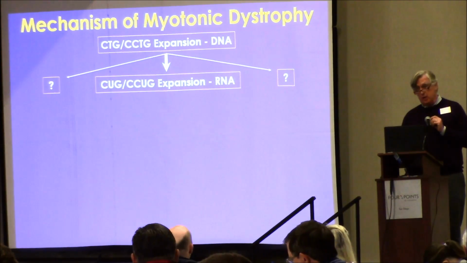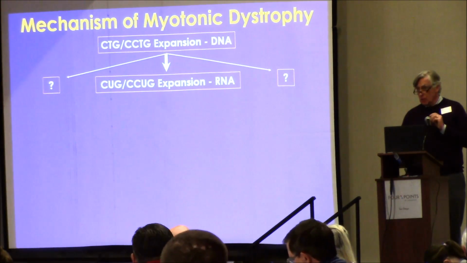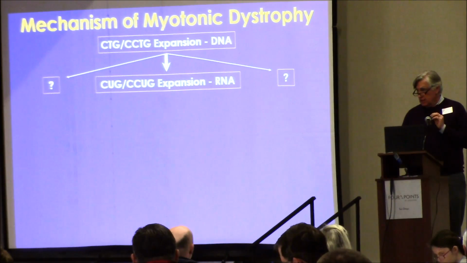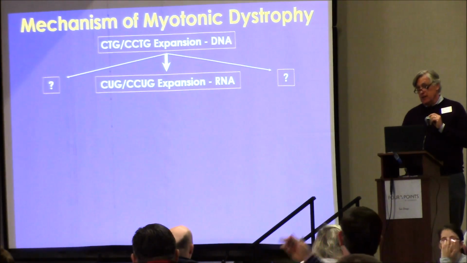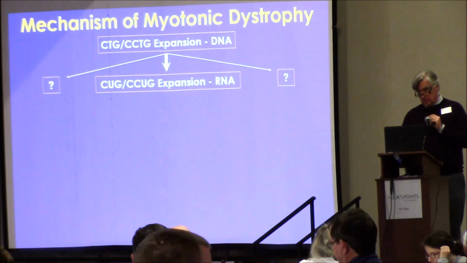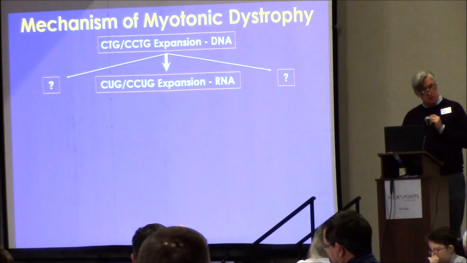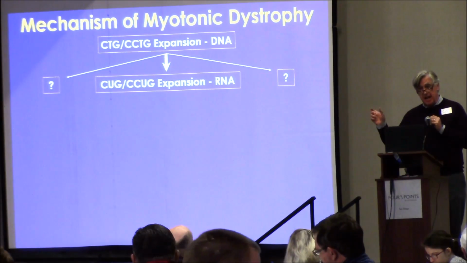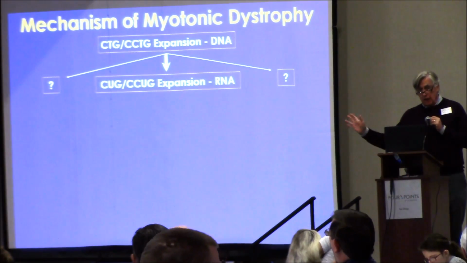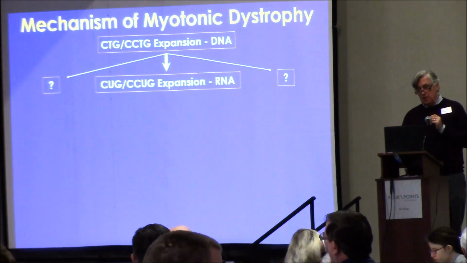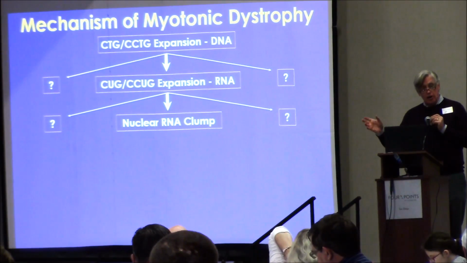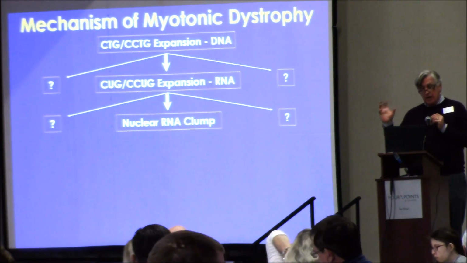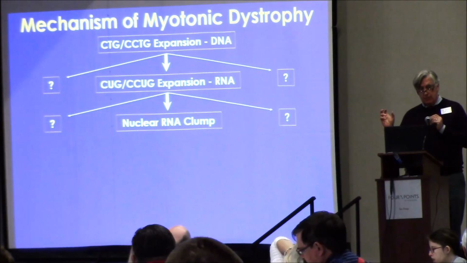Now I have to point out, so honesty in advertising here, that there are still other mechanisms other than this that people talk about and are still pursuing. So you can have other mechanisms that DNA affects other than the RNA. We don't need to talk about them right now, but that RNA, speaking about that one, that creates this clump.